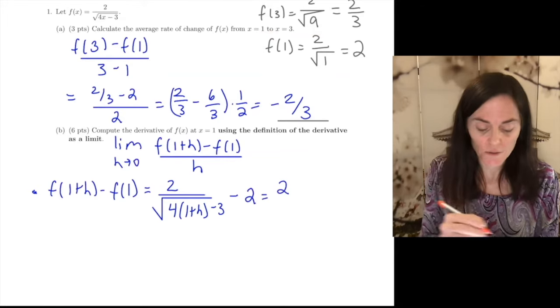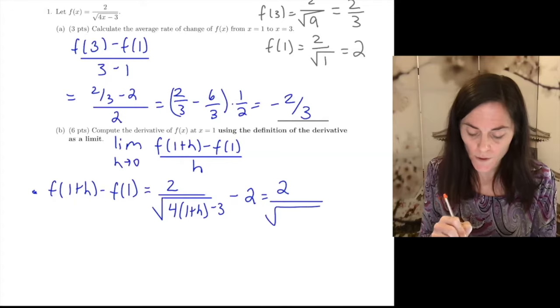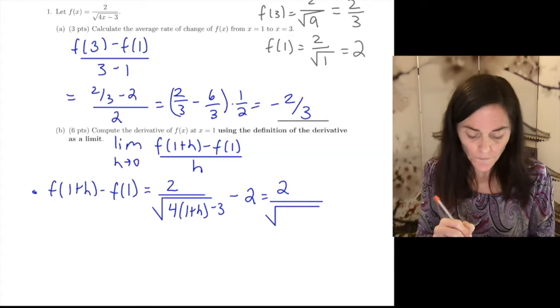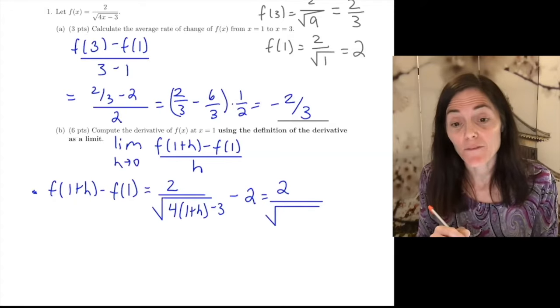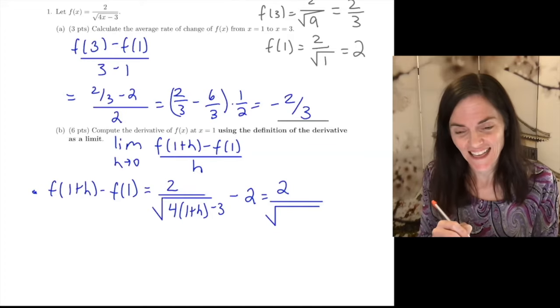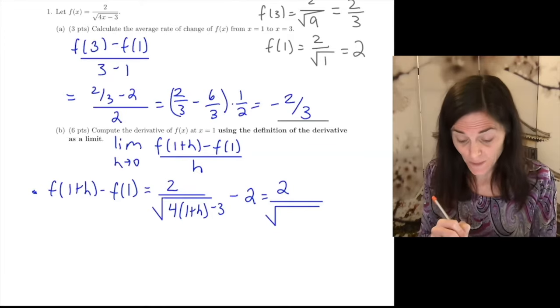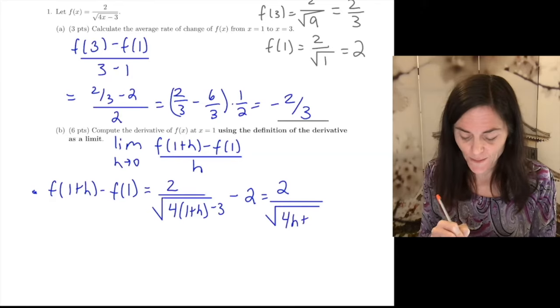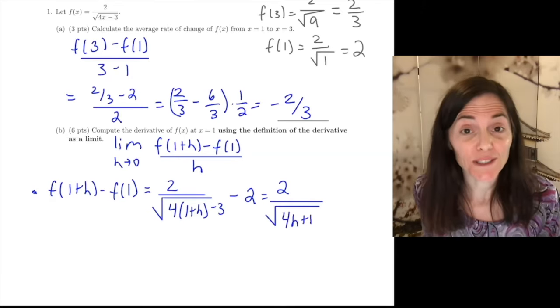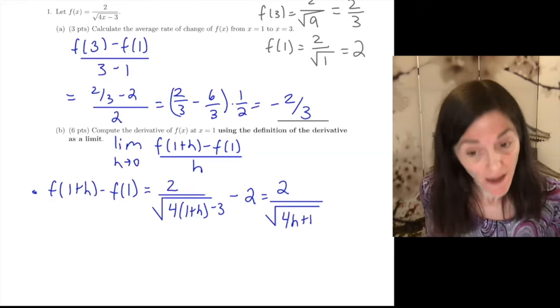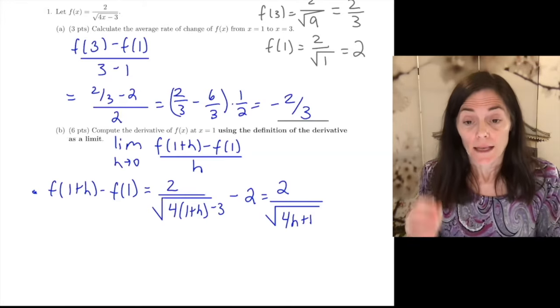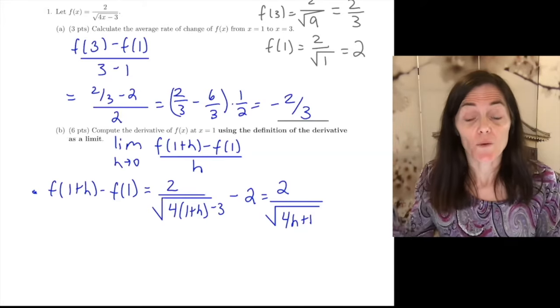So this is 2 divided by the square root. We have 4 minus 3, which is 1, and then plus 4h. So 4h plus 1.